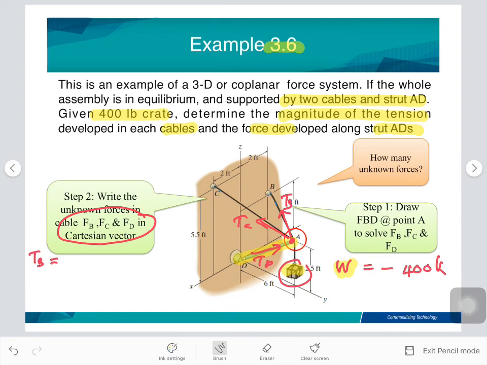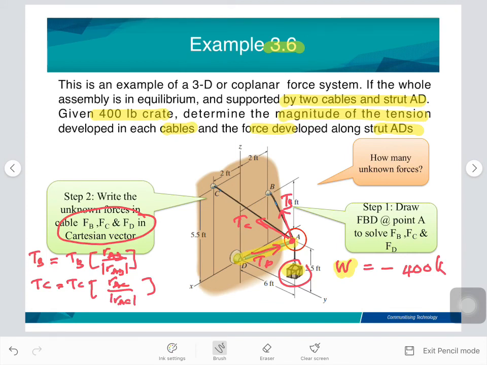So you need to resolve into Cartesian. Then you need to get the unit vector. Definitely your position vector here is RAB divided by its magnitude RAB. And then you can have your TC here. So for TC you also need RAC divided by its magnitude RAC.